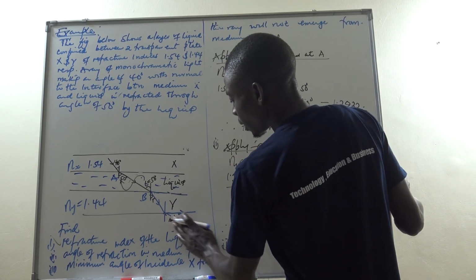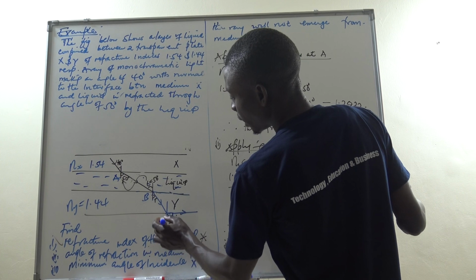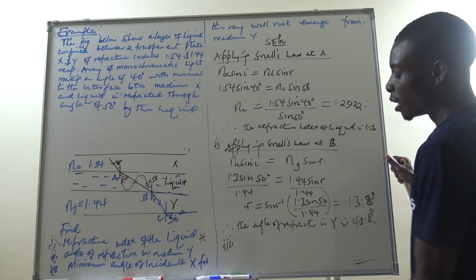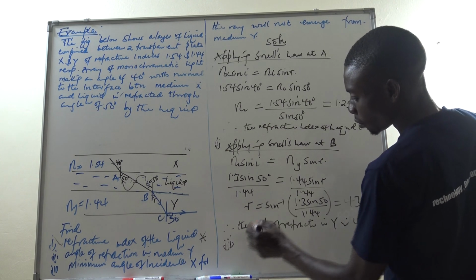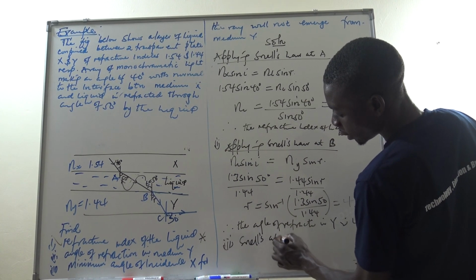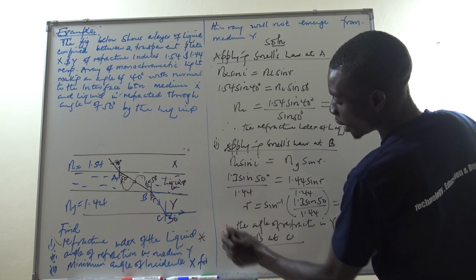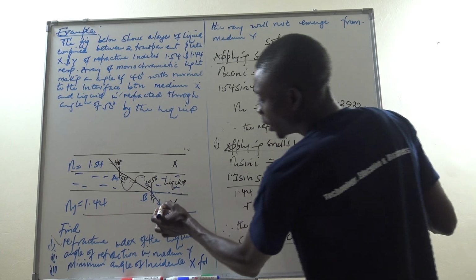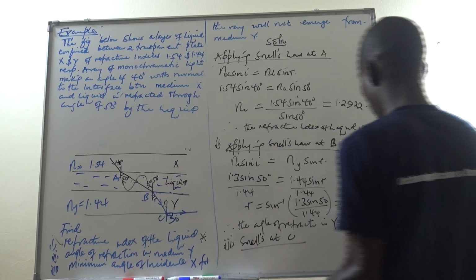And that will tell us that now, if it is emerging here, this angle here is 90. So if this is the point C, I can say applying Snell at C. So there we shall say, if we are now here, what is this angle here? This angle here will be the same R, the R we have here.